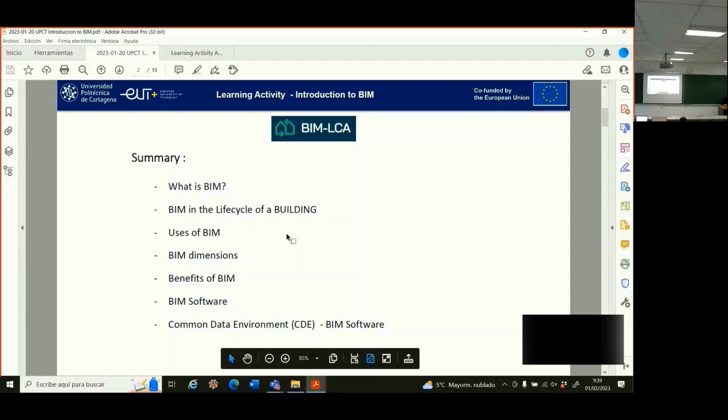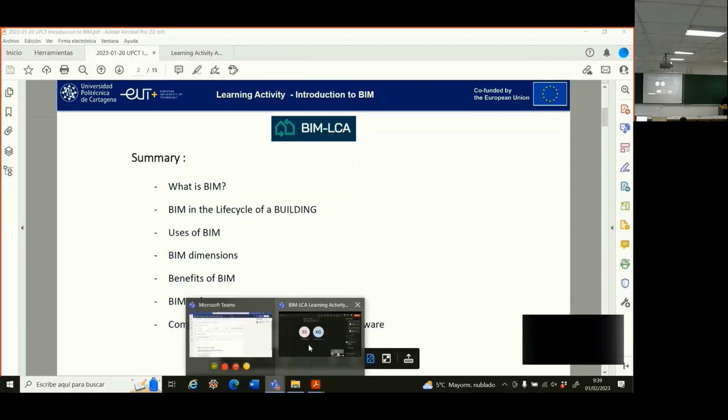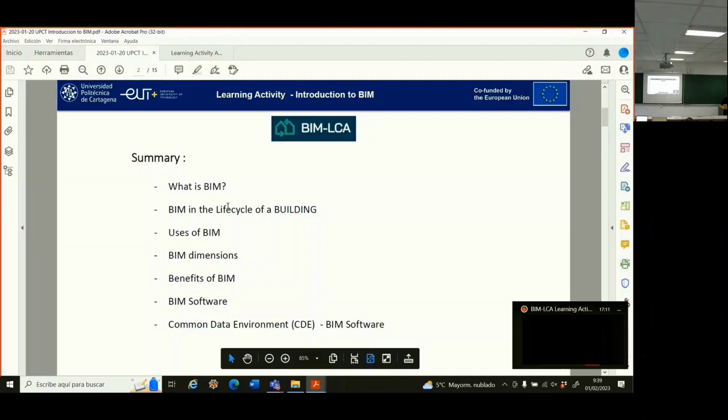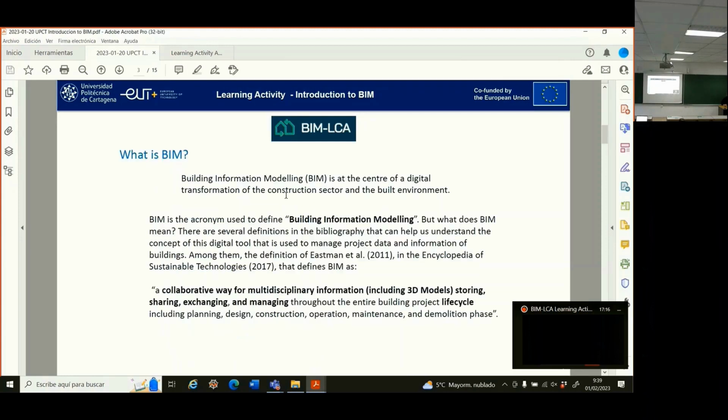Okay, so let's go to what is BIM. There are several definitions about BIM, but maybe one of them that I like more could be this one, and there are some keywords in this definition that I'm going to talk about.